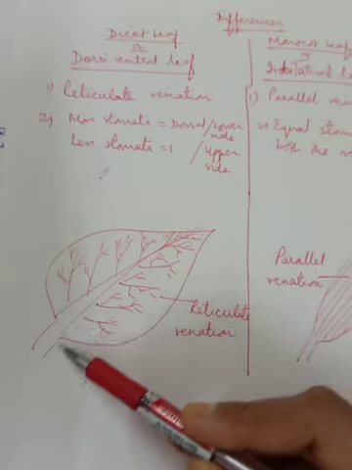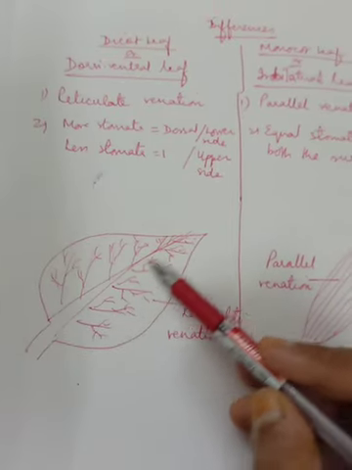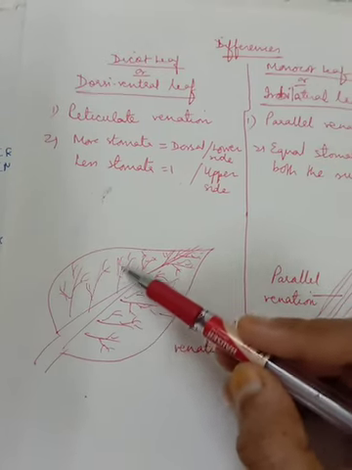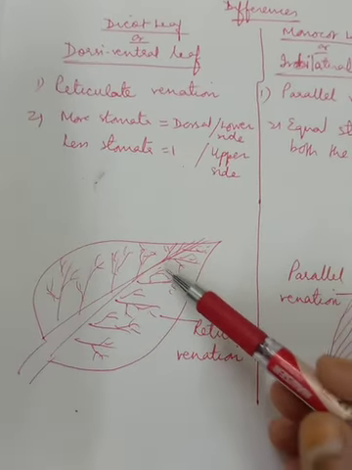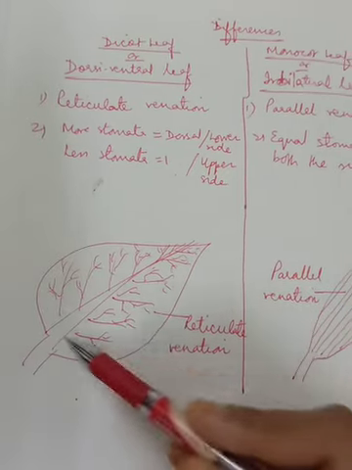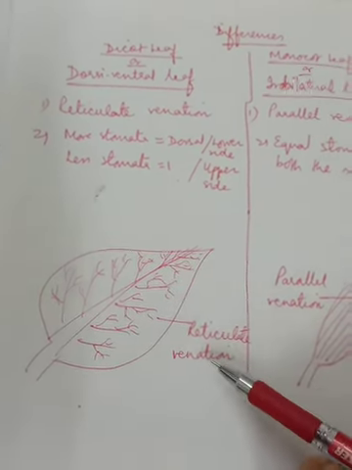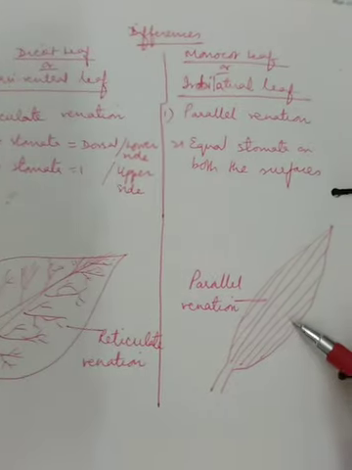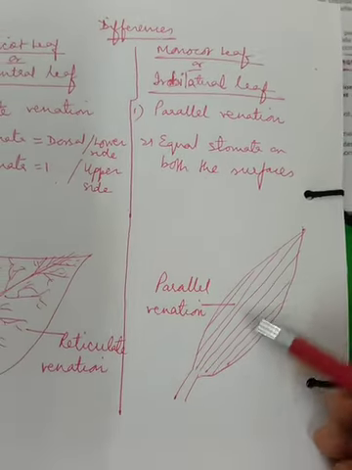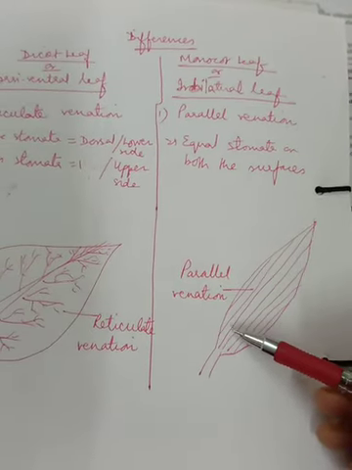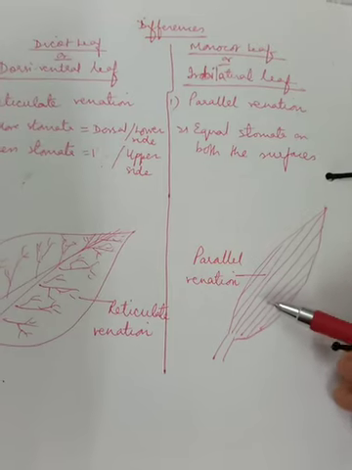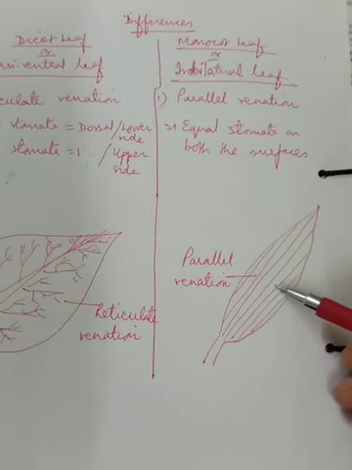You can see this prominent, thicker vein, called the midrib, and the veins on the sides are divided and redivided to form a reticulate or web-like structure all throughout. So this is reticulate venation. Whereas monocot or isobilateral leaves have a venation that you call parallel. In this you will not see a main midrib, unlike this. All are almost in the same direction and no vein is thicker than the other.